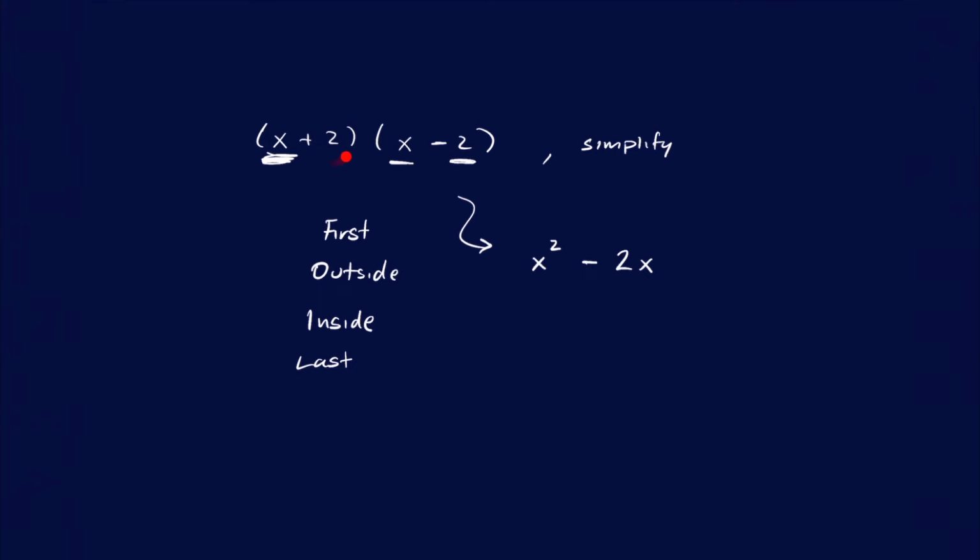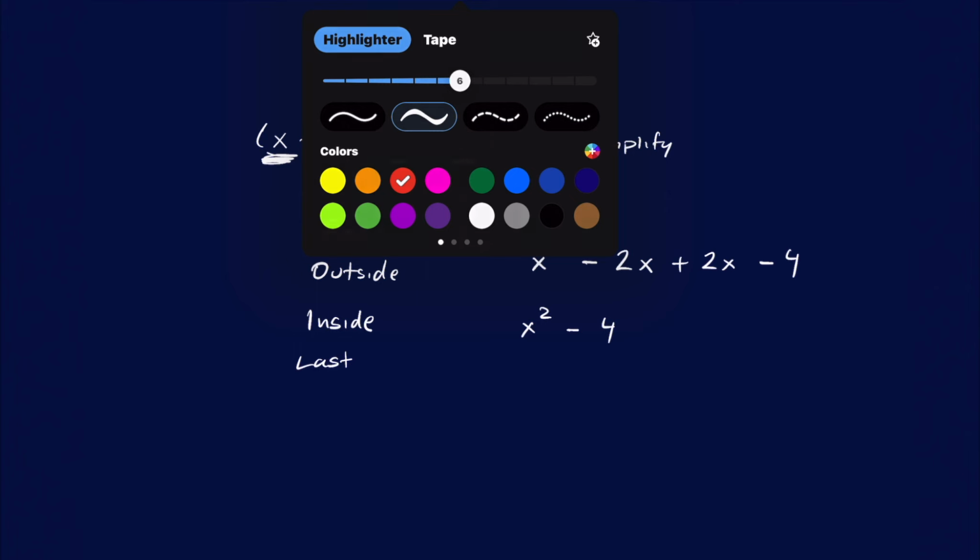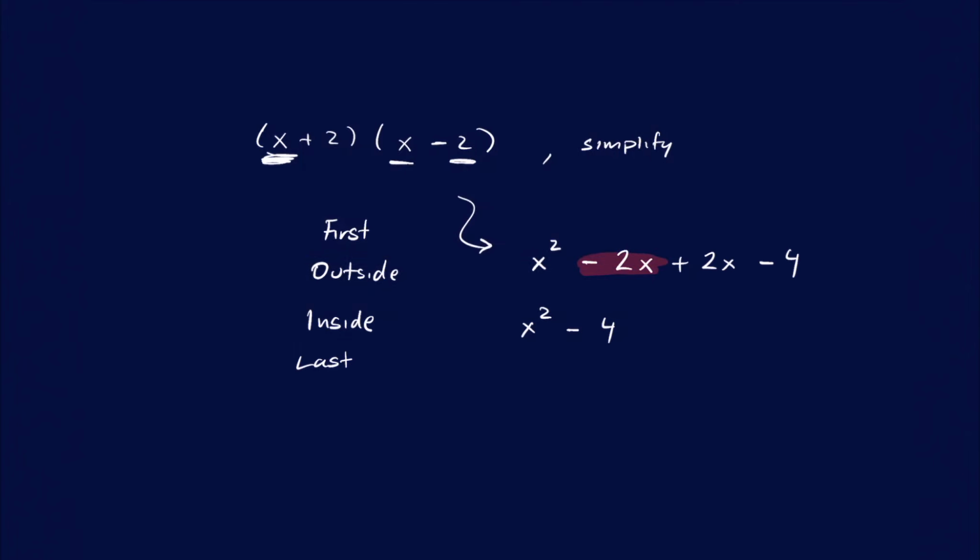And the two inside terms are 2 and x. So positive 2 times x is just plus 2x. And then we're just going to multiply the two last numbers, which is 2 and negative 2. And remember, 2 times negative 2 is actually negative 4. And then we can't forget to fully simplify this, so we get x squared minus 4, because these two terms right here, negative 2x and positive 2x, cancel each other out.